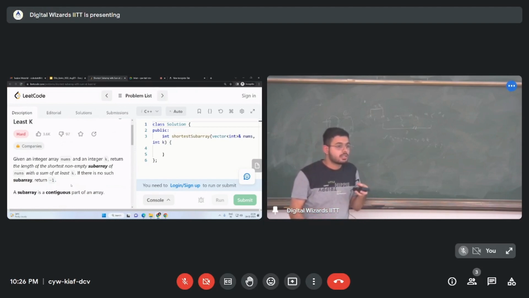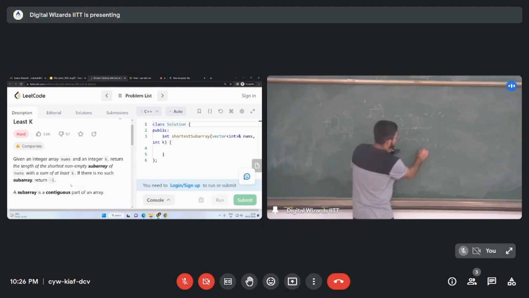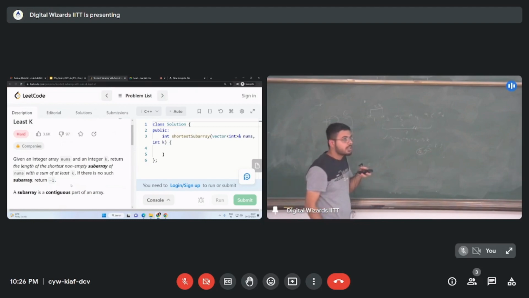So k here is the sum that you want. If you apply sliding window on that, you need to choose some window size for that. So you will be choosing, okay, this is an L-sized window, then you need to iterate from a single-sized window till an n-sized window.